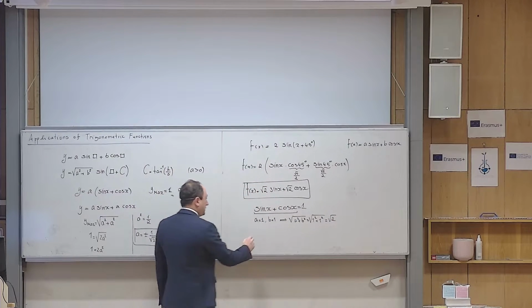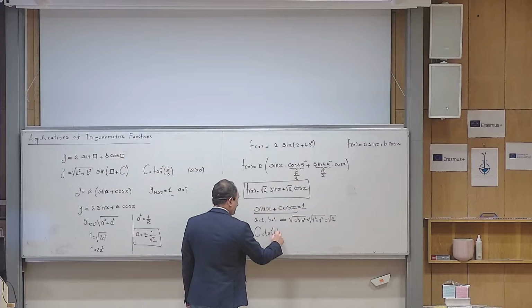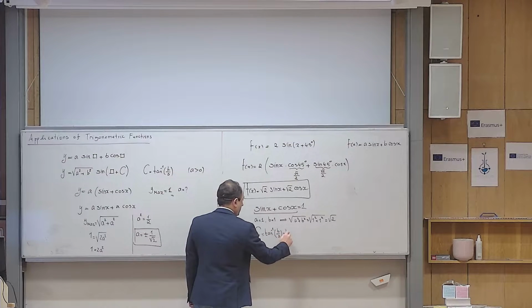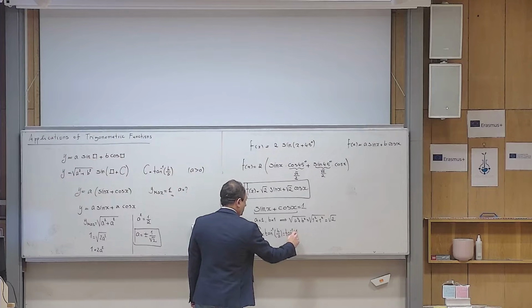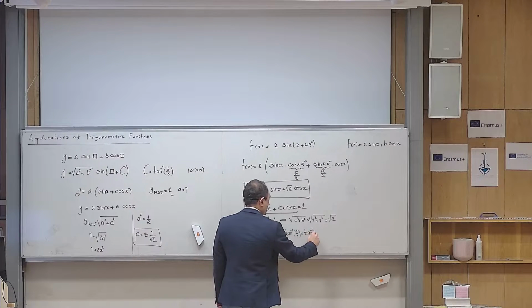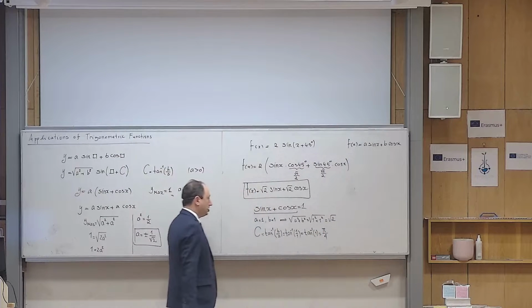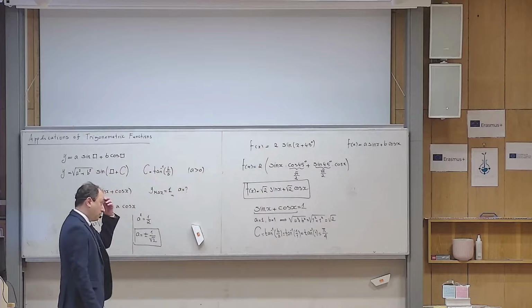And then I need to calculate c. c is tangent inverse of b over a, but b and a are both equal to 1. So this becomes tangent inverse of 1, and this 1 is famous. I have it in my memory. It becomes 45 degrees. If you decide to work in radians, we write it pi over 4.